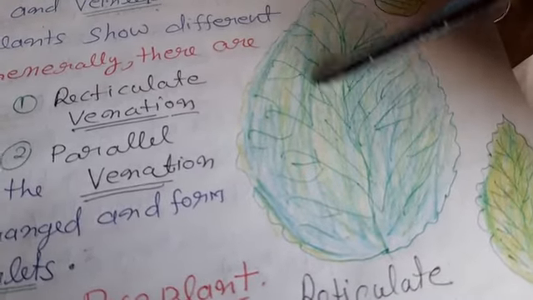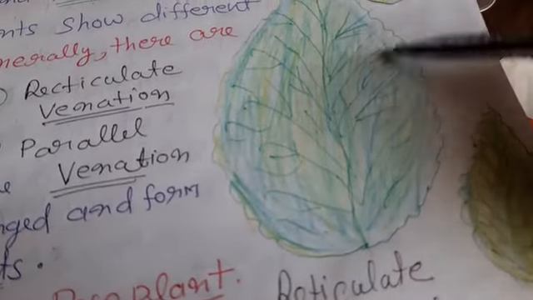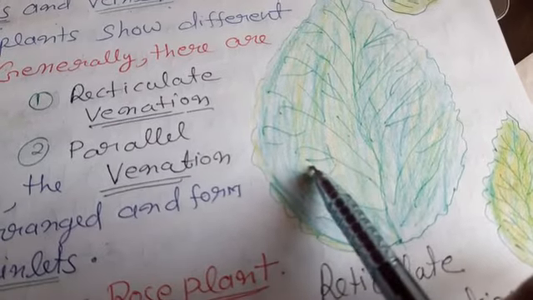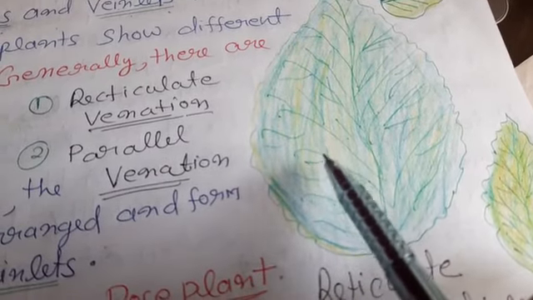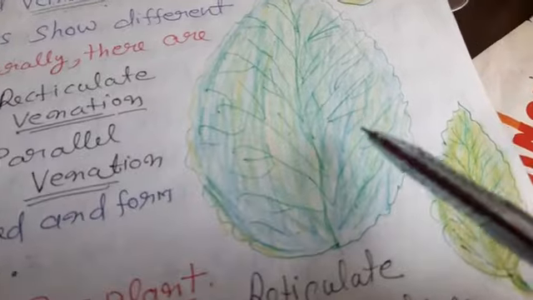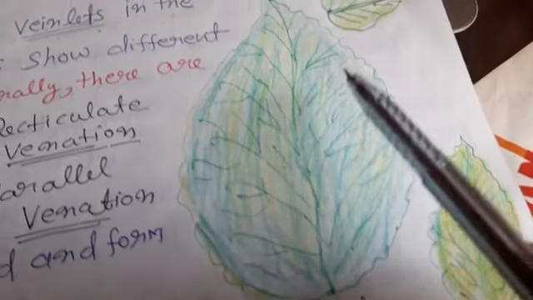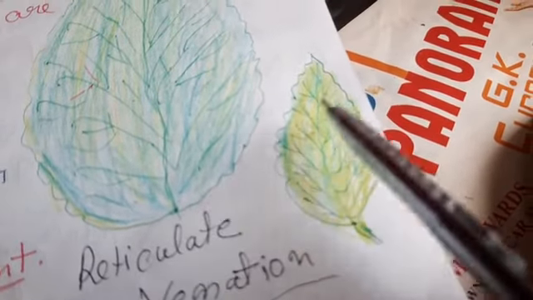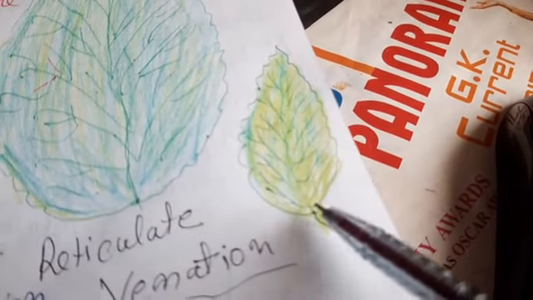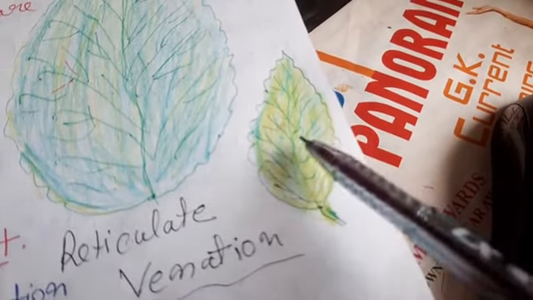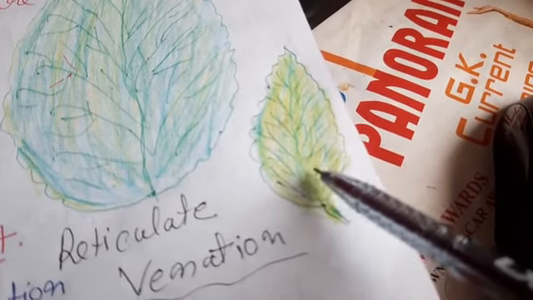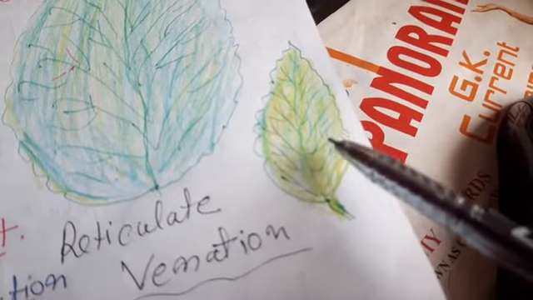Some veins come from the side. These are called veins, and some side veins. Here some small veins come from the side veins. These are veinlets. The midrib, or central vein, arises from the leaf base and reaches the tip of the leaf, and some veins come from the midrib as side veins.